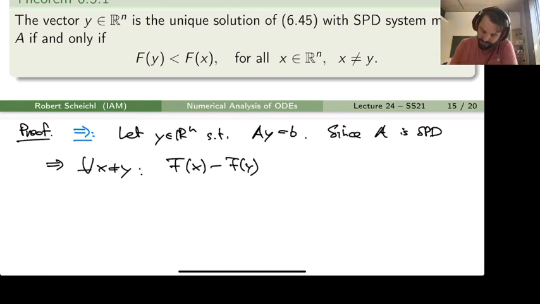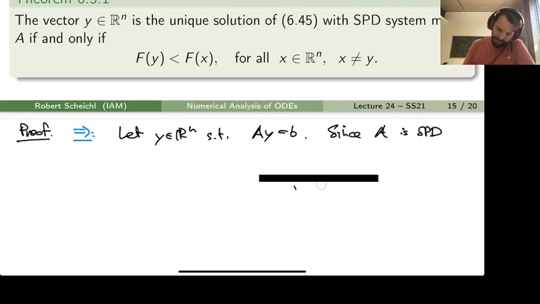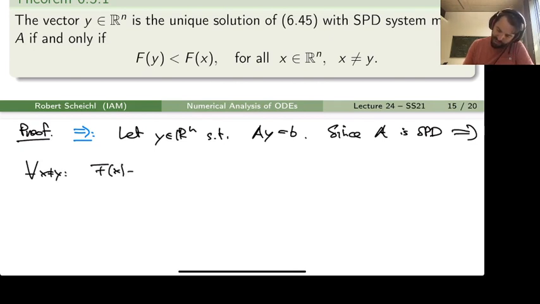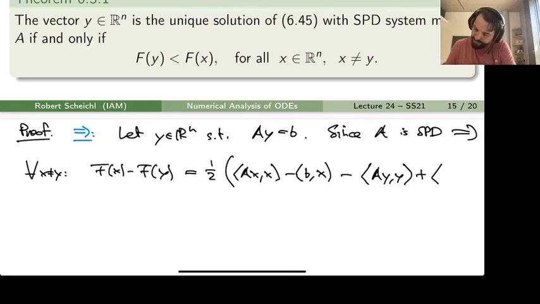So let's write that out. We get a half Ax, x minus bx, minus Ay, y plus by.